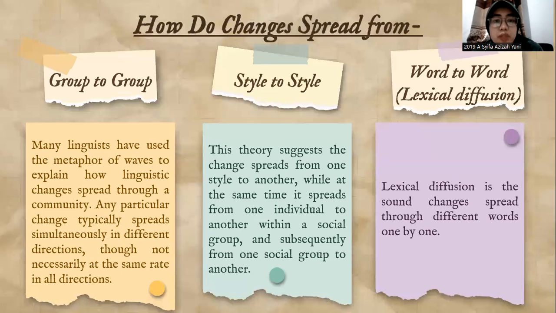Then it will spread to a less formal style for that group, while also spreading to the more formal style of other groups, such as older people's speech and the speech of people from a lower social group. And the change gradually spreads from style to style and from group to group till eventually almost everyone uses the new form in all their speech styles.